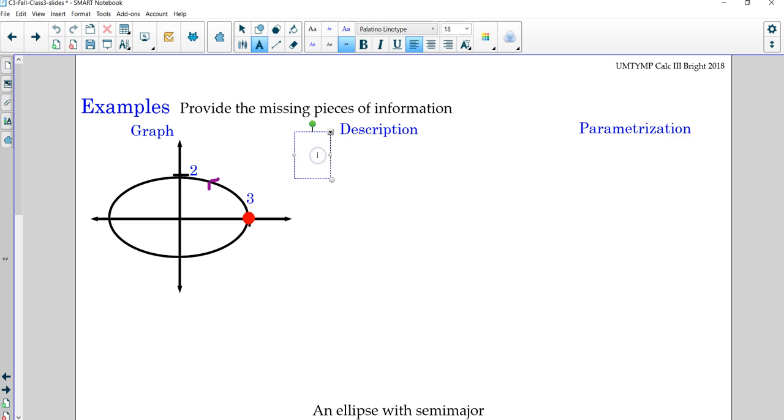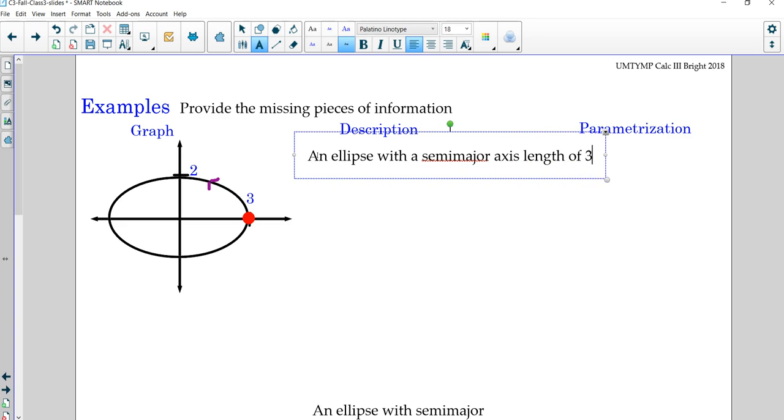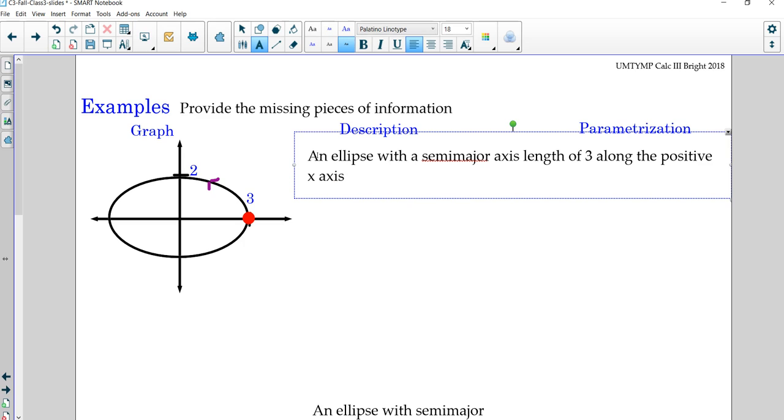But this is going to be an ellipse with a semi-major axis length of 3 along the positive x-axis, and a semi-minor axis length of 2 along the positive y-axis.